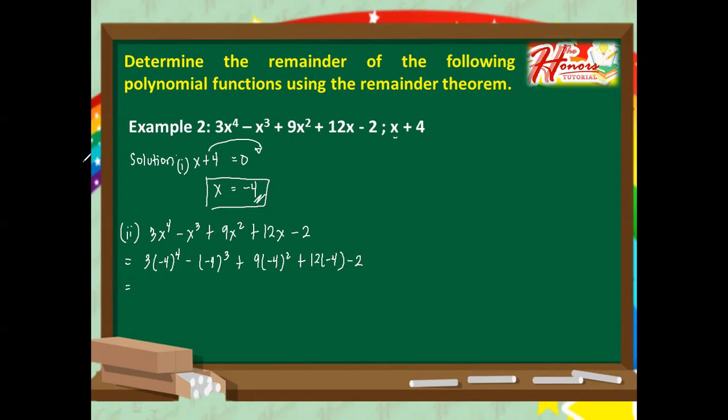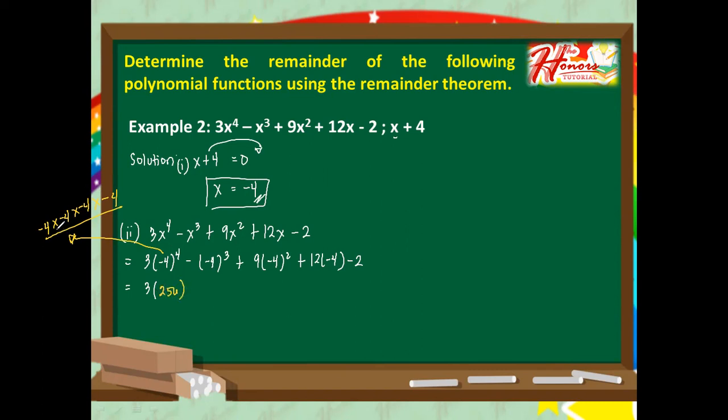Okay, let's solve. 3 times negative 4 raised to 4 doesn't mean negative 4 times 4. That is negative 4 times negative 4 times negative 4 times negative 4. So you have to multiply negative 4 by itself, and that is equal to 256. So let's write 256 here. It is positive.